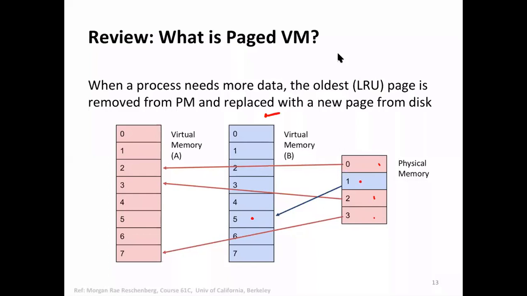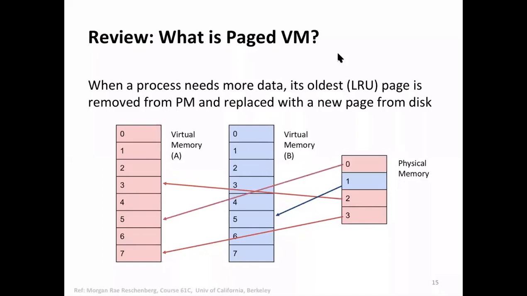Then one of these pages can be removed and the new page can be brought in. Let's assume that the OS or MMU decides to take out this page, and then the contents of the new page go to physical memory here.